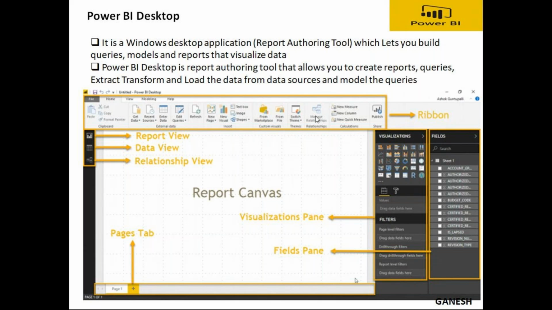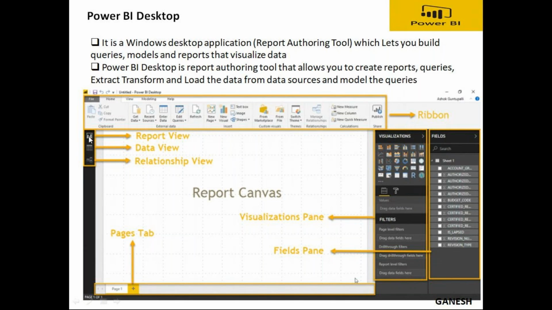Now, in simple words, this is the layout of the Power BI desktop. On the top, whatever features you are seeing, like view, modeling and help, this is called the ribbon. On the left corner you see three layers.